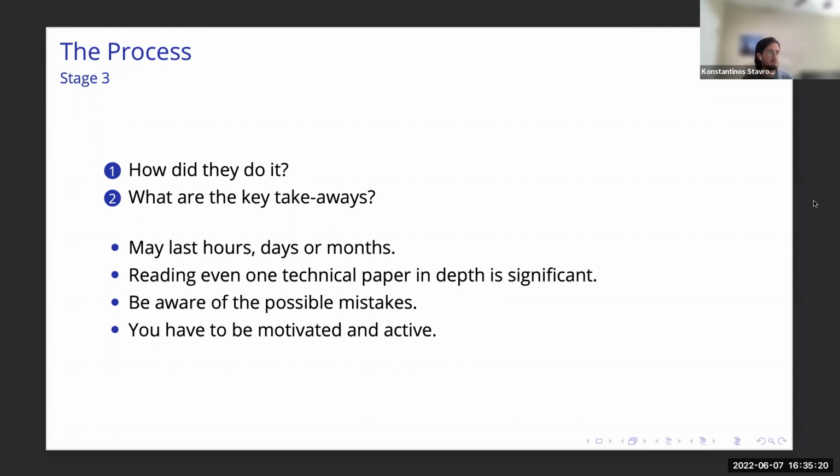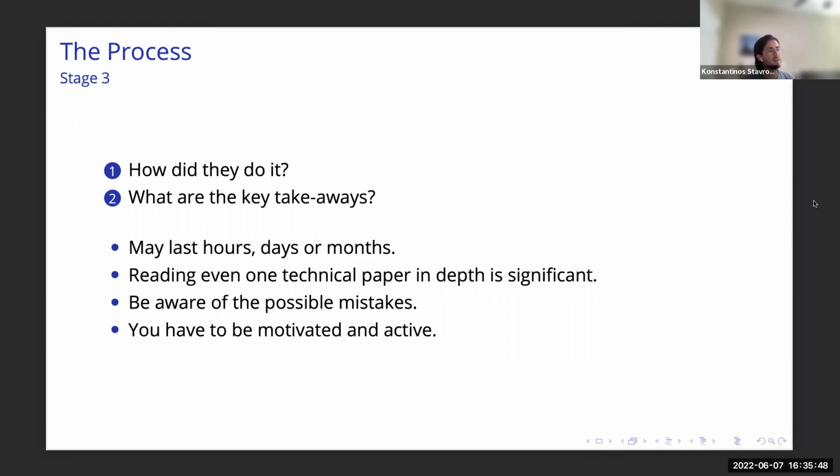Another message is that maybe there are some mistakes in the paper, right? This is one reason that it is not advisable to go through this algebraic manipulation, because there might be some mistakes from the authors, which is very typical.